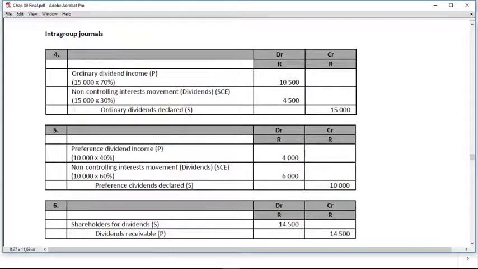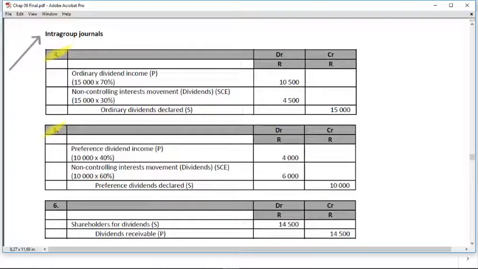Under the intra-group consolidation journal entries, I want to focus on Journal 4 and 5 that eliminates the intra-group dividend declared by the subsidiary. Something you have to note here is that the dividends were both declared at the end of the year.